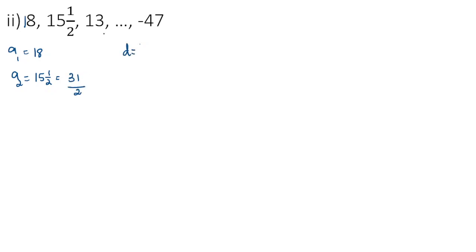Now D value we need to find out, that is A2 minus A1. A2 is 31 by 2 minus 18.